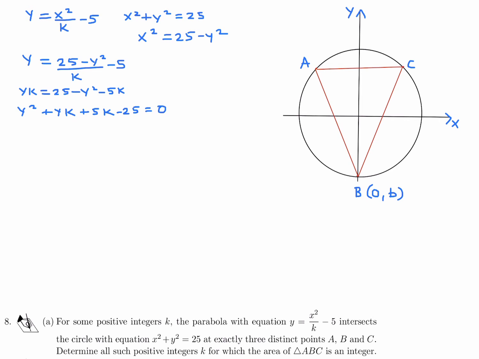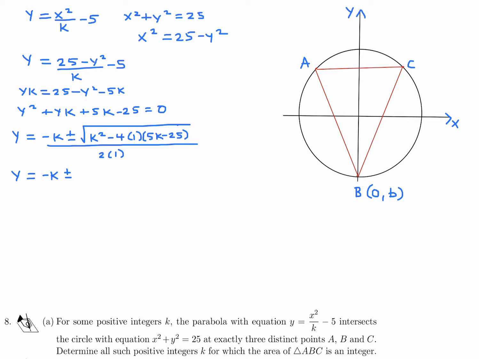Okay, well at this point it's a quadratic, so I've got to use the quadratic formula. So y = (−b ± √(b² − 4ac)) / 2a, where c is 5k − 25, and a is 1 in this case.